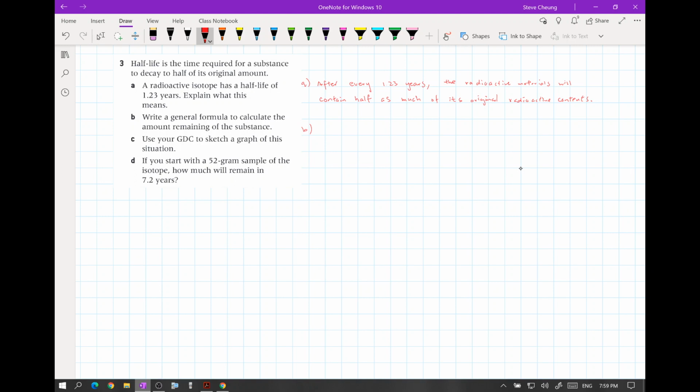Right, general formula. This one is easy because R is already given. So all you have to do is write down something called radioactivity.